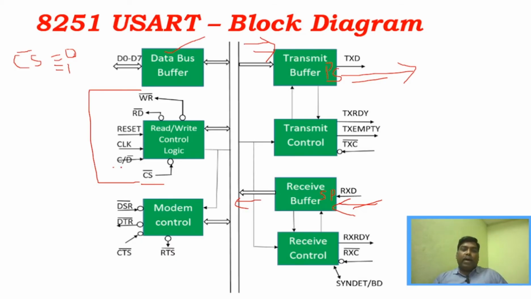And C by D bar is another important signal where, if this pin is 1, it represents the control word register, and if it is 0, it represents the data bus buffer, right? So if it is 1, it represents the control register, and if it is 0, it represents the data bus buffer. And similarly, we have a clock signal and we have a reset signal.